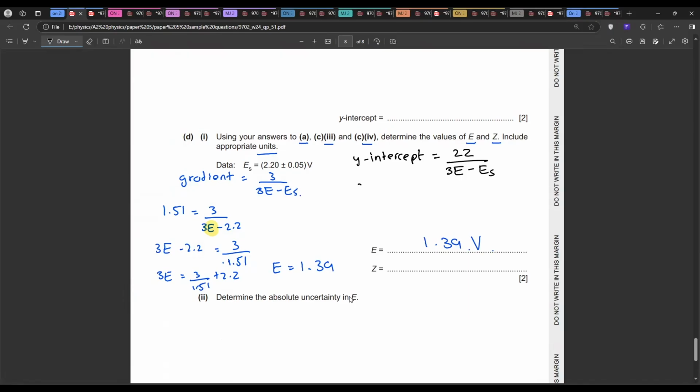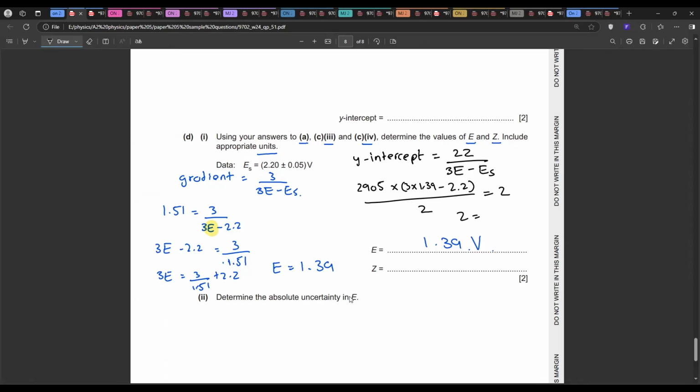I guess it was 2905, multiplied by 3E minus Es. What is E? 1.39, minus Es is 2.2, divided by 2, is equal to your Z. Can we calculate this value? Yeah, 2905 into 3 into 1.39 minus 2.2, divided by 2.